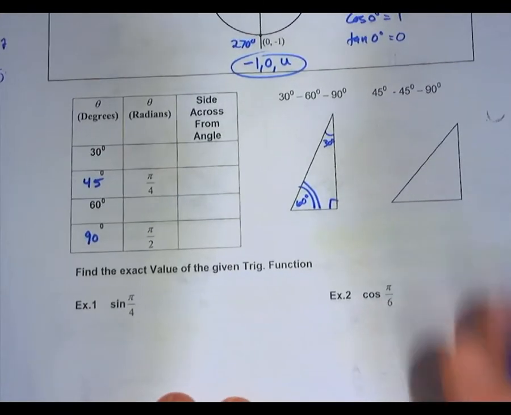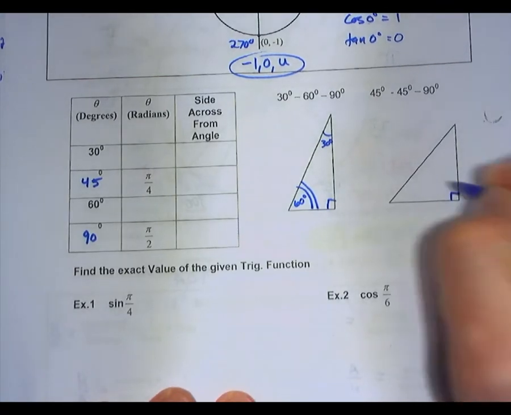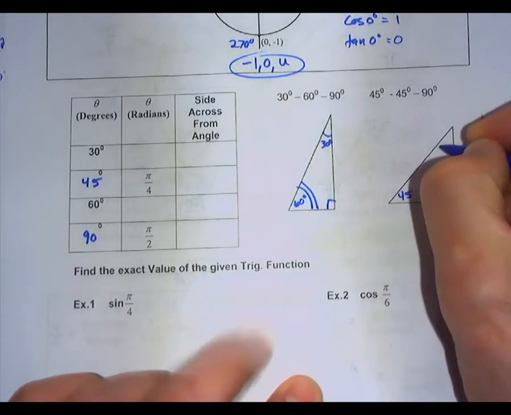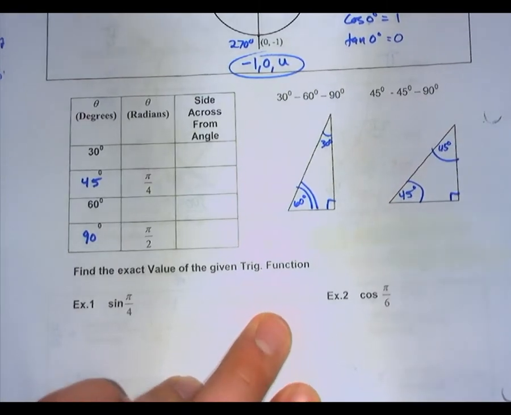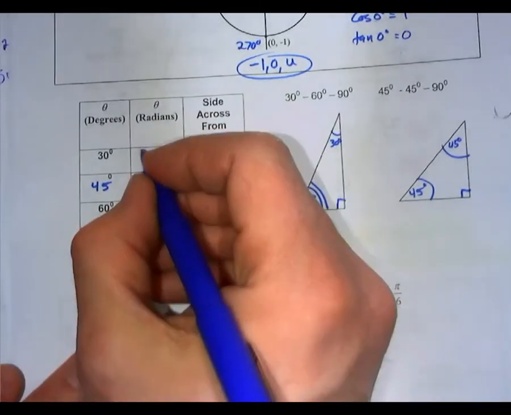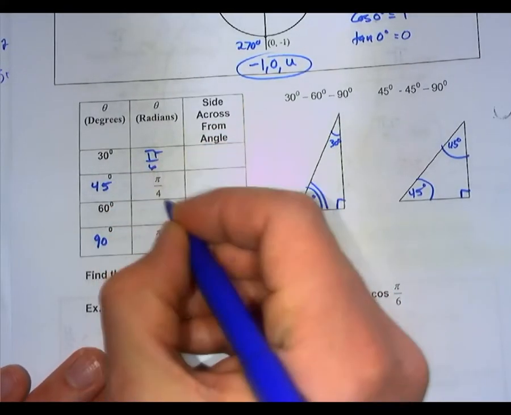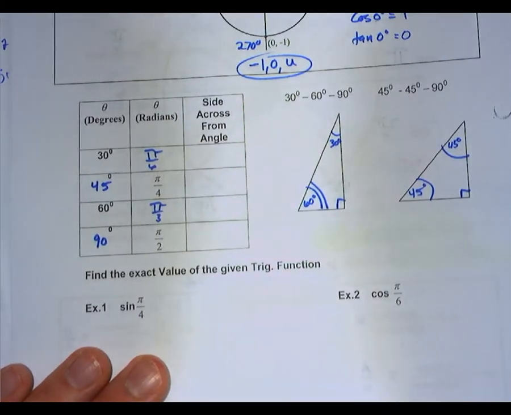Over here we have that isosceles triangle, 45, 45, 90. So this guy's 90, and these are both 45 degrees. If you want to fill in the radians, you can. Again, this is pi over 6, pi over 4, pi over 3, and pi over 2. I'm not too worried about the radians.